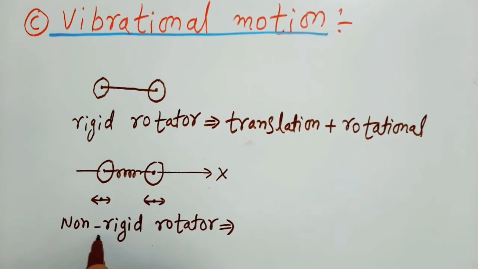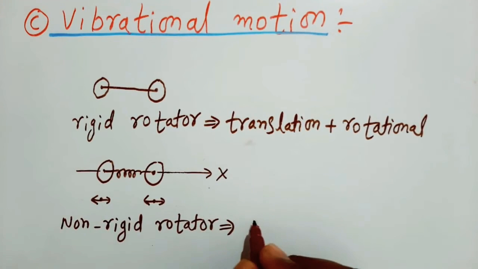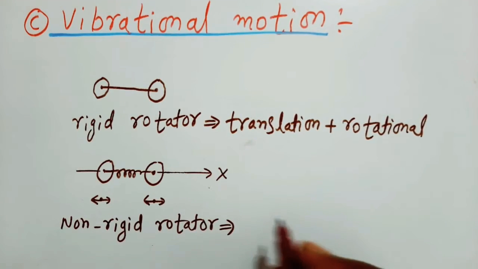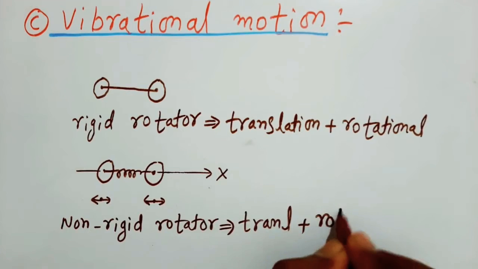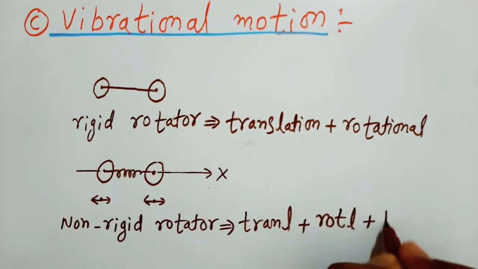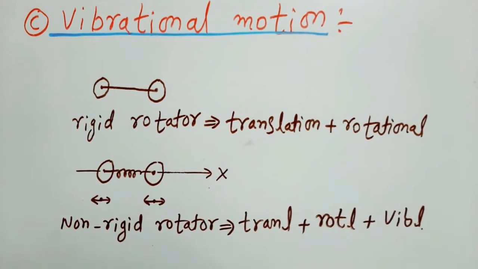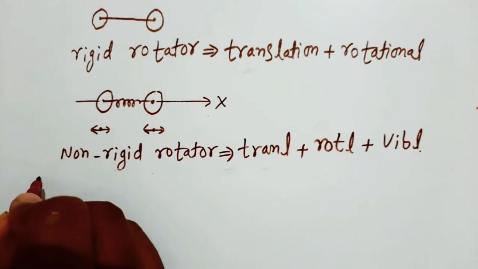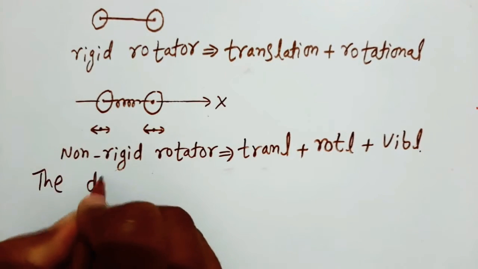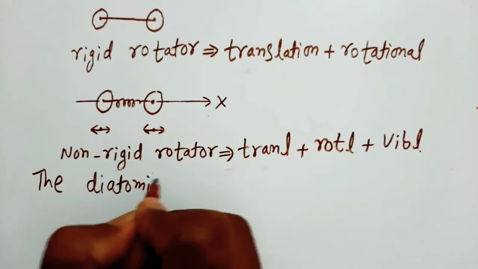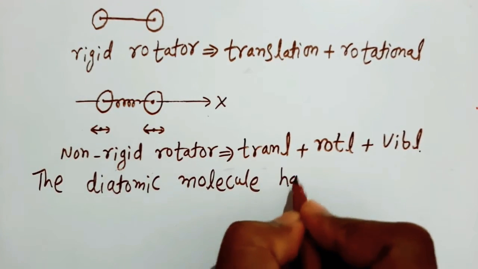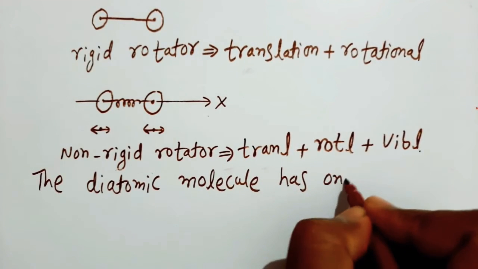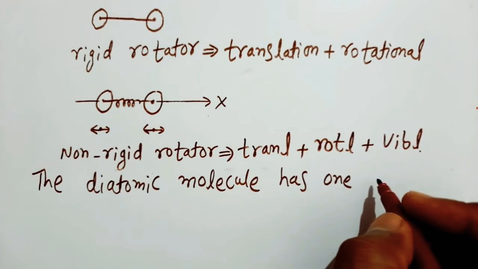So, a non-rigid rotator has translational motion, rotational motion and vibrational motion. The diatomic molecule has one vibrational degree of freedom.